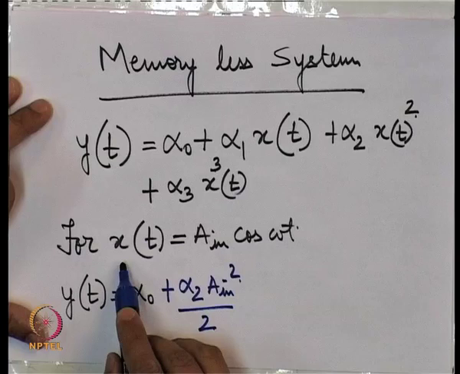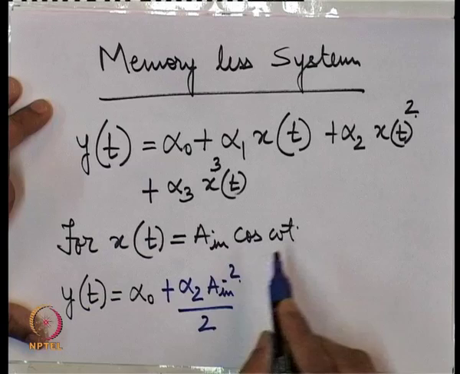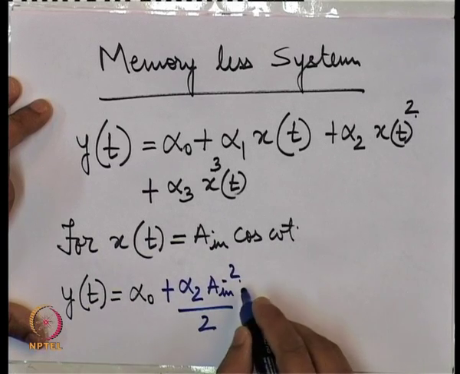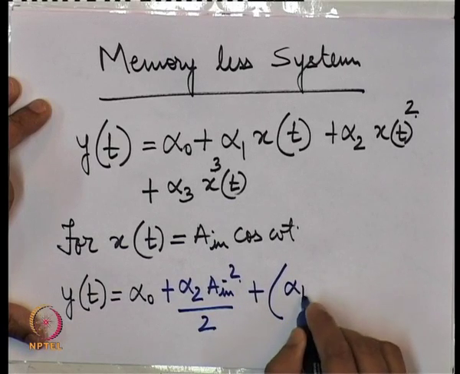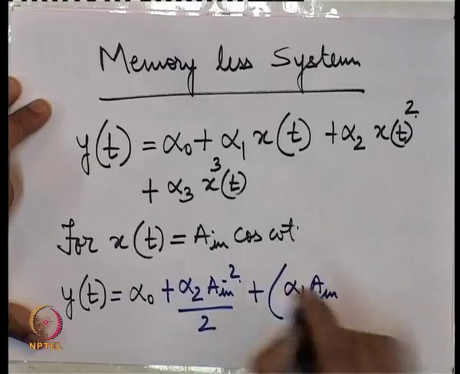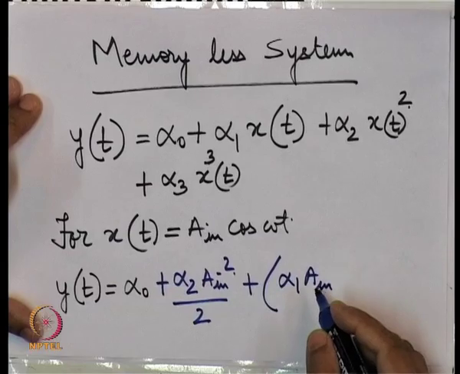So if my input x(t) is of this form, A_in cos omega t, then the y(t) that I get will be something like this, where y(t) follows this relationship that I have given earlier.